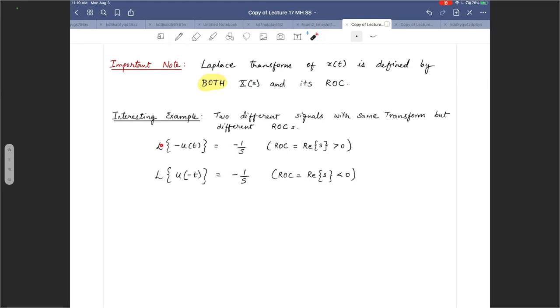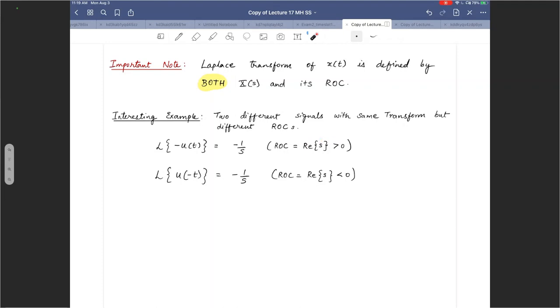So you have Laplace transform of negative u of t as negative 1 over s. Why? Because Laplace transform of u of t was 1 over s. We derived that earlier. If you multiply the signal with negative, your Laplace transform also becomes negative. So Laplace transform of negative u of t is negative 1 over s with a region of convergence as real part of s greater than 0.